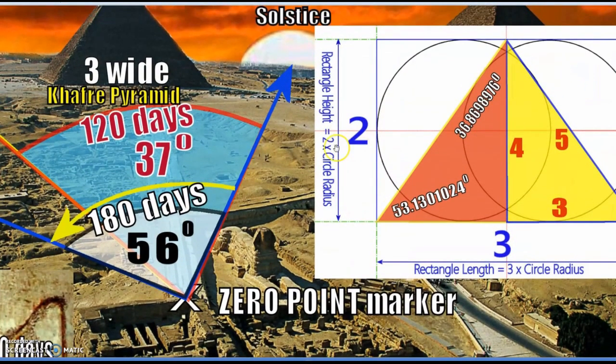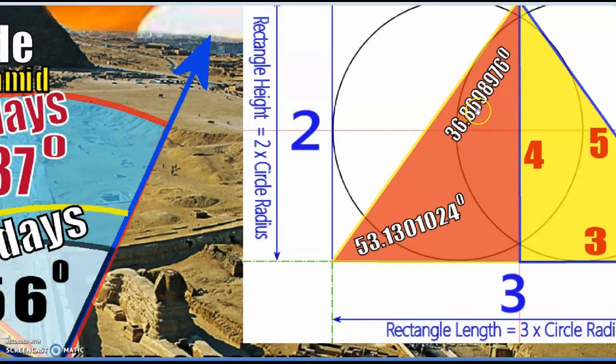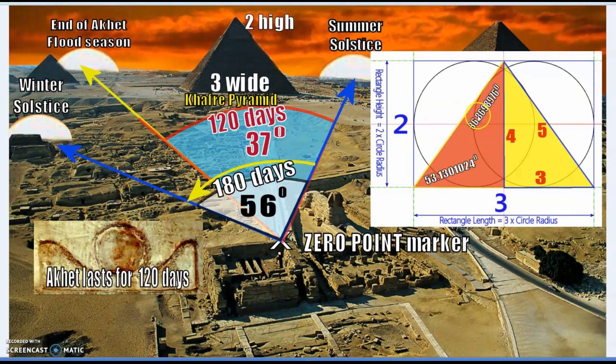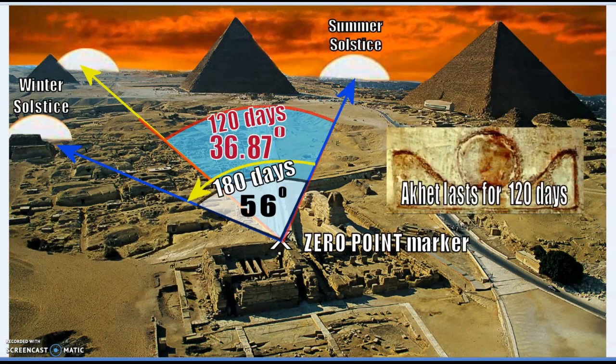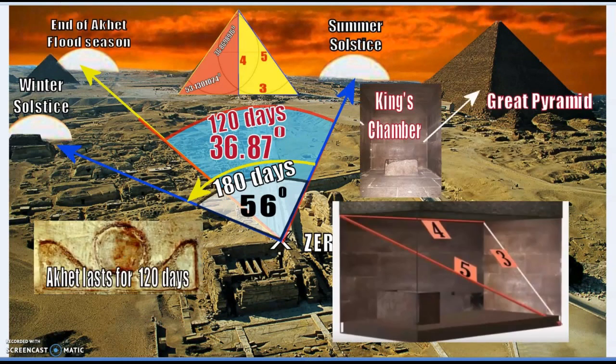Now here comes the angles of the 3, 4, 5 triangle, 36.869, which you could just say 36.87, essentially that angle. Fiddling that fraction of an angle is fiddling a few hours. At what point do you define the key point in the solstice where the sun appears to rise and set in the same place for a 2 to 3 day period?